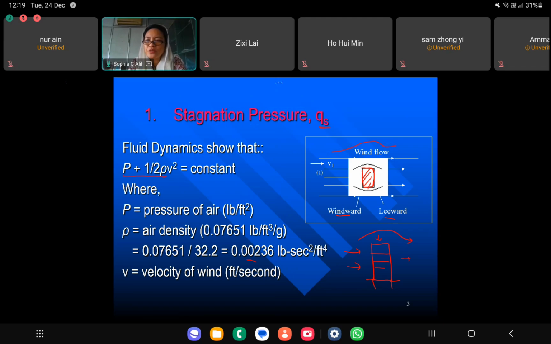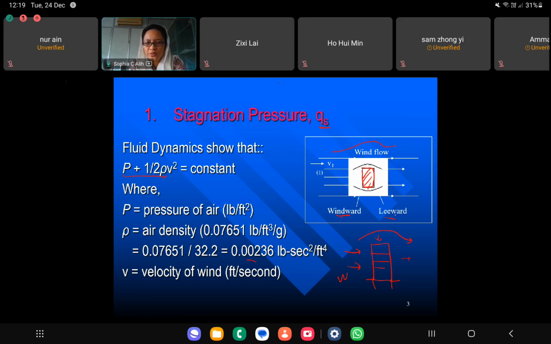It is very important first to understand the direction in which your wind blows. For this example, the wind comes from this direction. The area in front of my building is called windward. The area behind my building is called leeward.